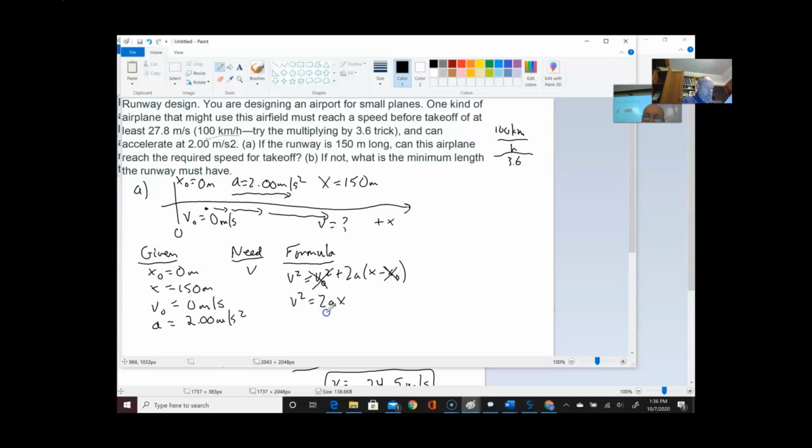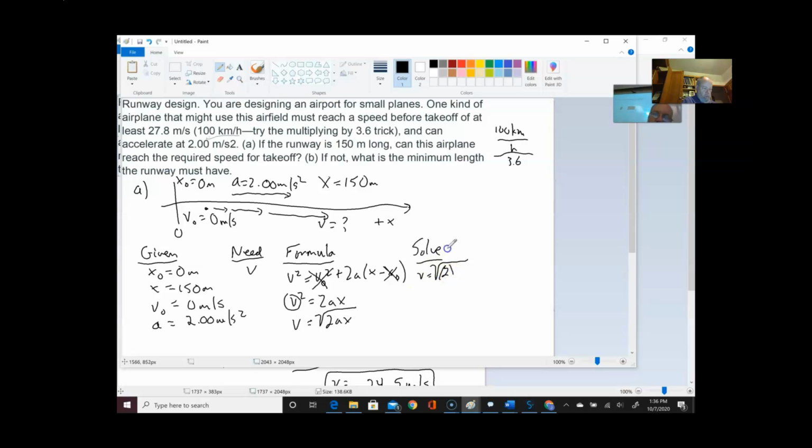Okay, this is a lot easier for me to see what's going on. I need this final velocity here. So in order to find that, I'm just going to isolate that and take the square root of it. And my final velocity is going to be the square root of 2a times x. So now that I've got my formula, I can take that over here and solve it.